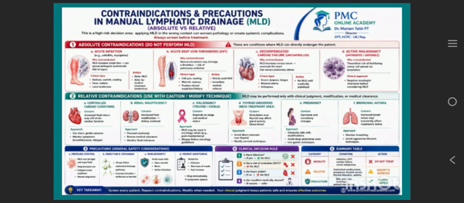No MLD until medically stabilized. Next is active malignancy, if untreated or unstable. The theoretical risk is facilitating tumor cell spread via lymphatics, so the clinical approach requires oncologist clearance before considering MLD.